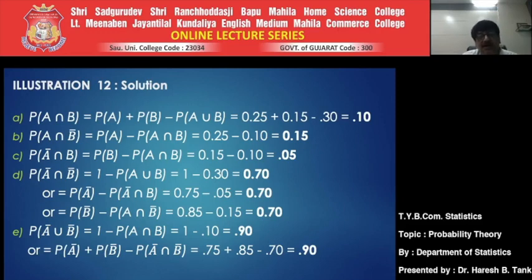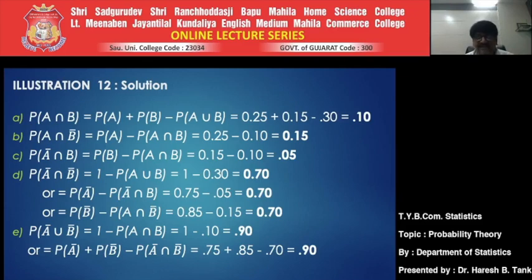Getting a contract A, 0.25. Getting a contract B, 0.15. And the third case was at least one, which is 0.30. Means some verbal form of data was given to you and you have to notationalize it, or you can say you have to put it in a notational format, and then after that you have to get the answer.